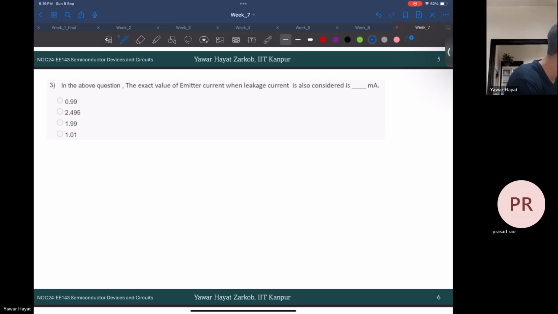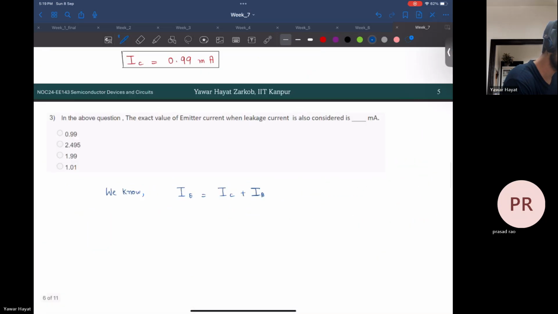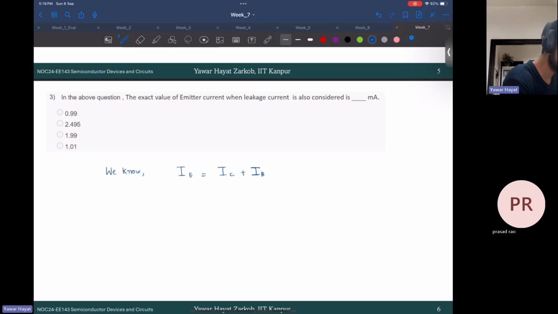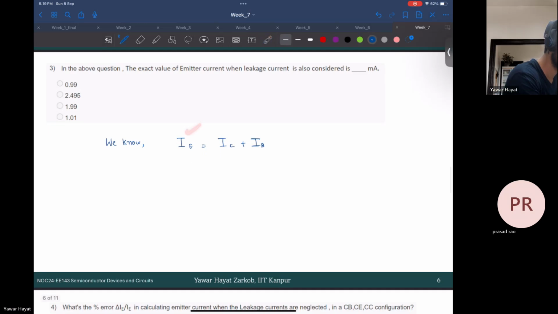Okay, so we know your IE would be equal to IC plus IB, right? This is something that you are supposed to know. Now we know IC, we know IB, we can compute IE.